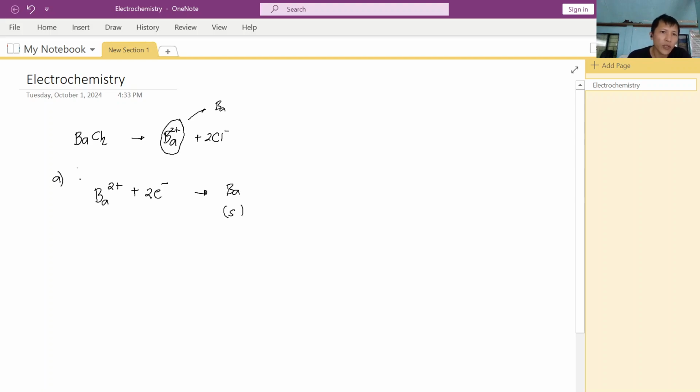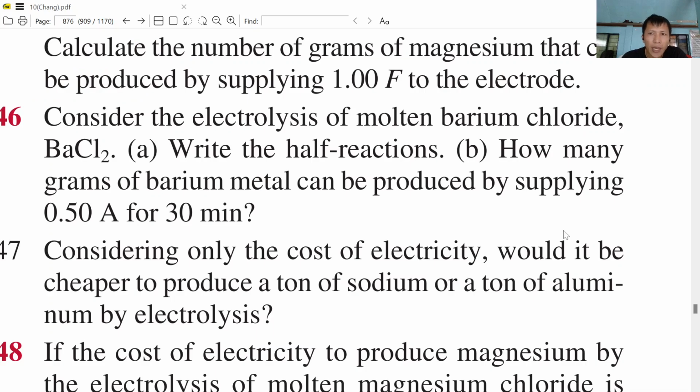That's the first one, letter A, your half reaction for barium. Maybe chlorine would be the other half reaction, but that's not my concern, because during electrolysis our main concern is barium 2 plus.